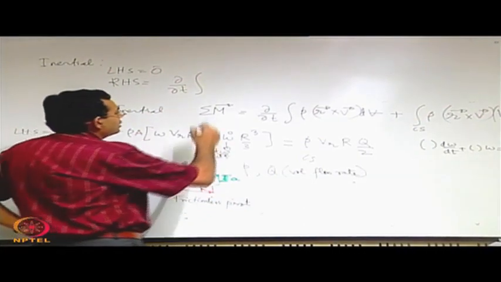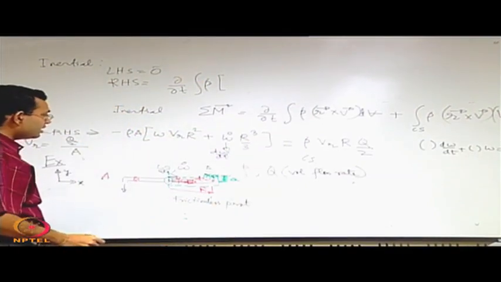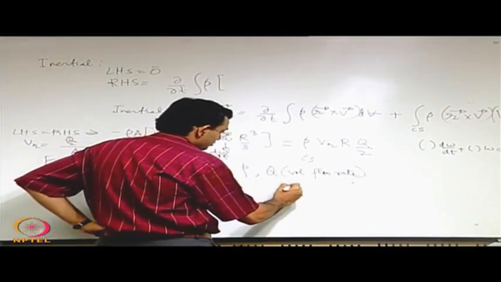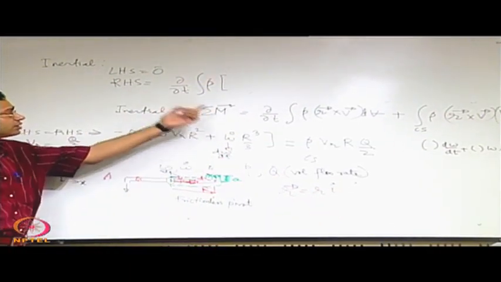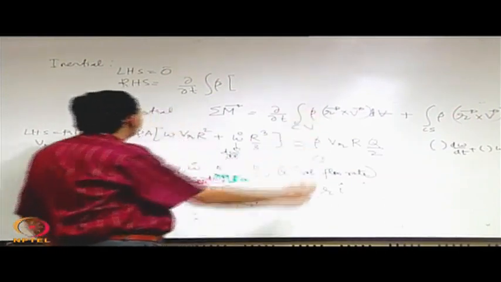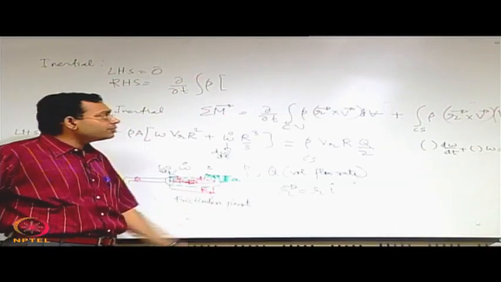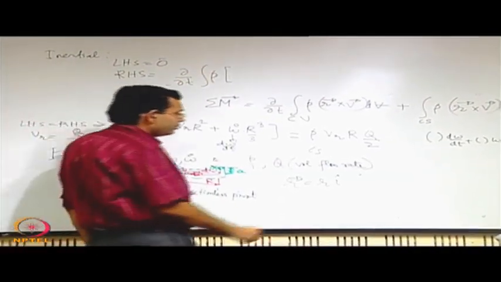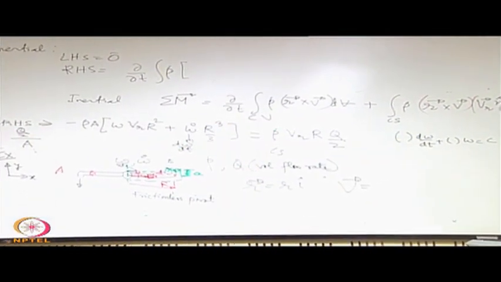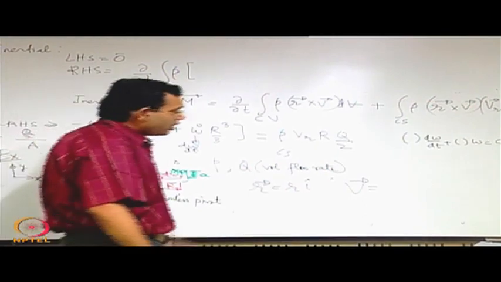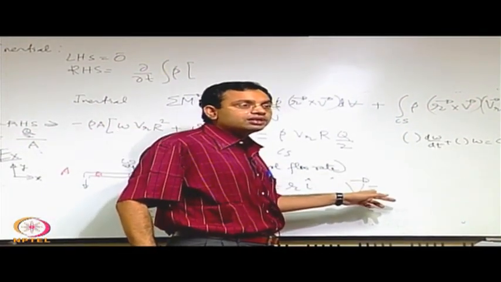So when you write it, let us write r again as r i cap, because the volume which is involved for the control volume integral, their major part is the horizontal part. Then what is this V? This is the velocity of the solid plus the velocity of the fluid relative to the solid.